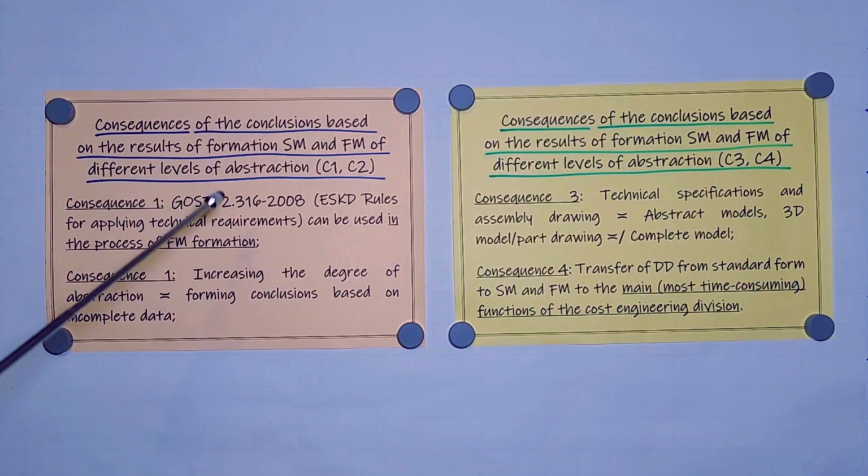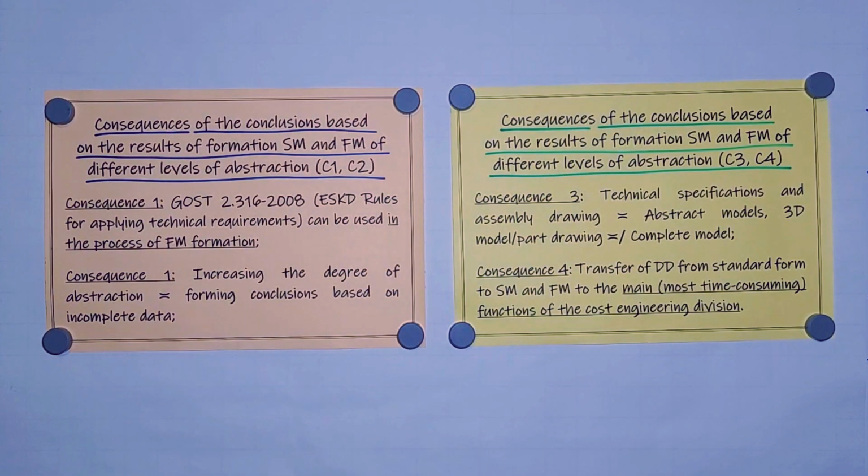We can see two consequences of the conclusion based on the results of forming structural functional models. Based on the above conclusions, the following consequences can be formulated. Consequence 1. When forming structural and functional models, the methods mentioned by us in this issue and issue number 7 can be used: object of analysis, decomposition, formulation of functions, their limitations and exceptions.